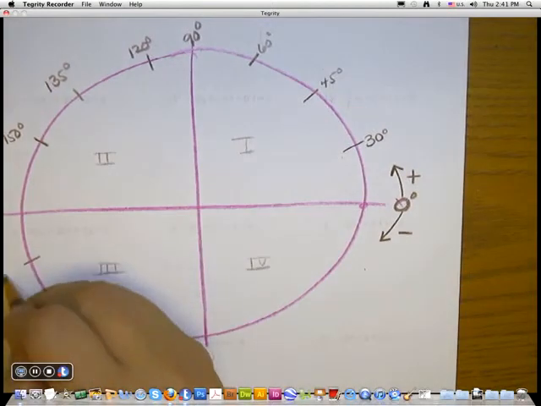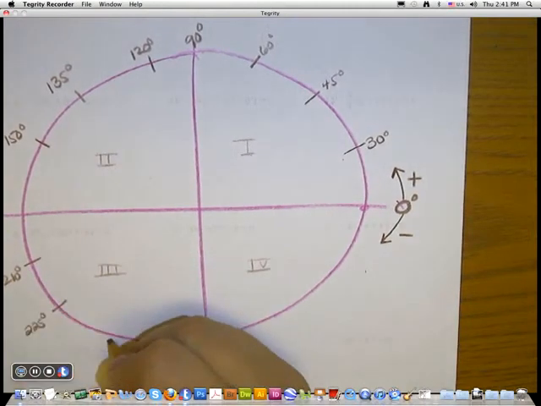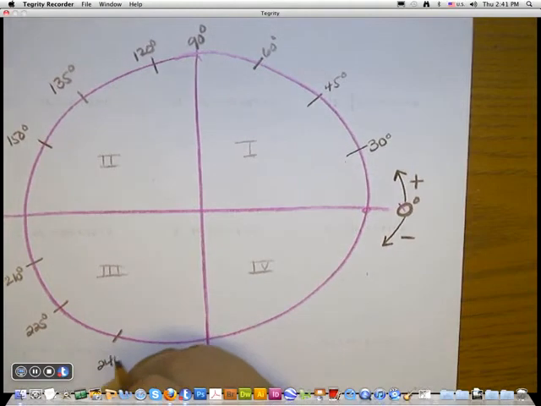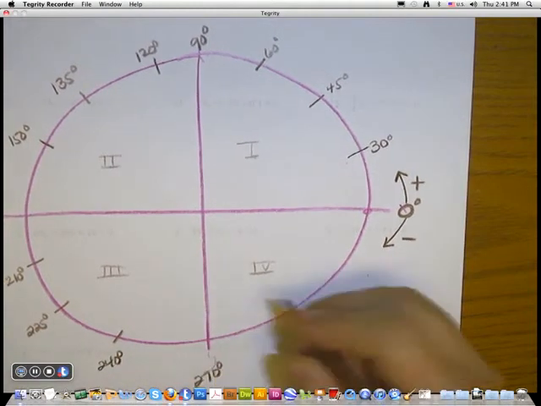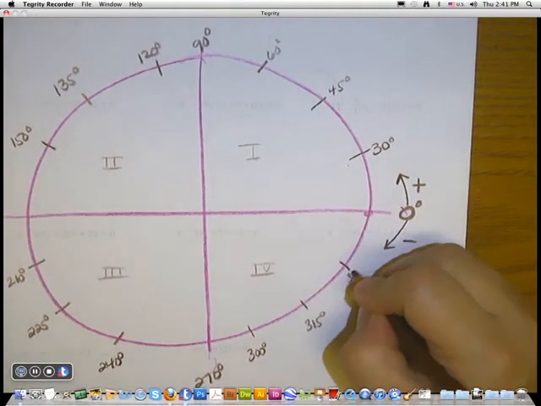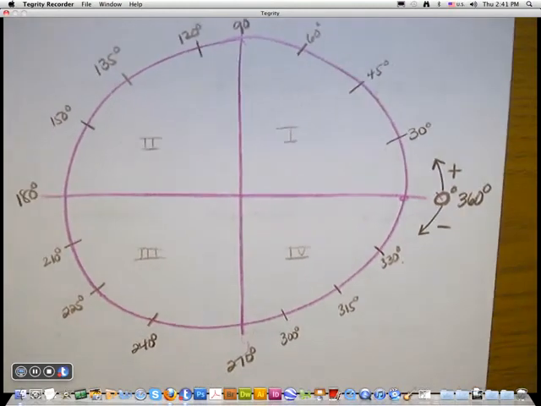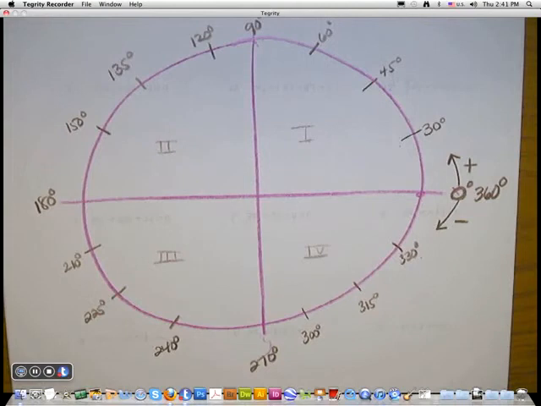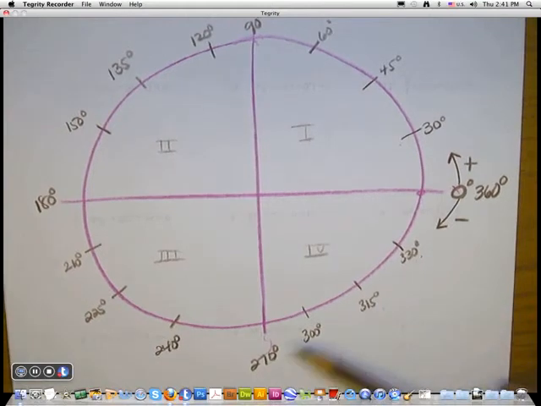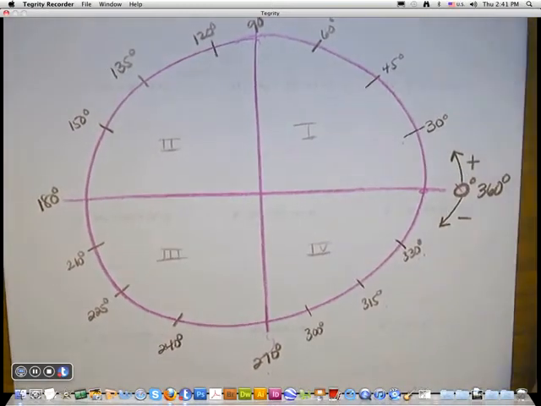We get 210, 225, 240, 270, 300, 315, 330, and back here to 360. You need to know all of these measurements, where their locations are, approximates, whatever, and that they go the other direction. Now, I'm not going to have you go through and list that this is negative 30, negative 45, negative 60, negative 90, but you do need to know that that is what their representations are.